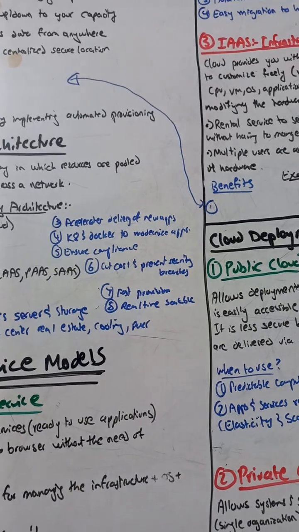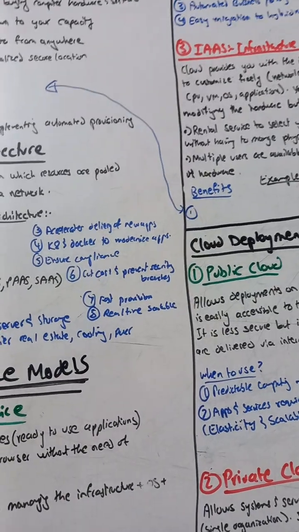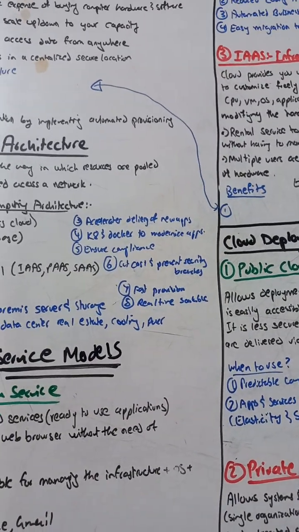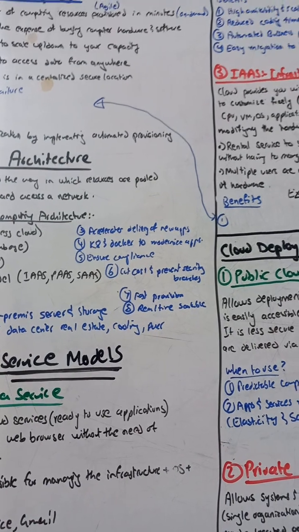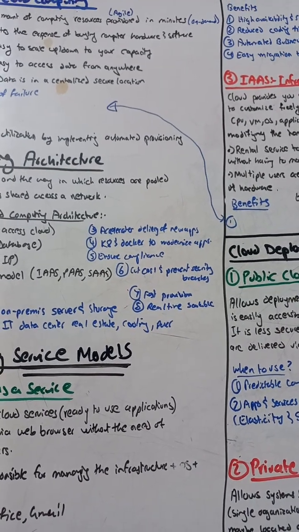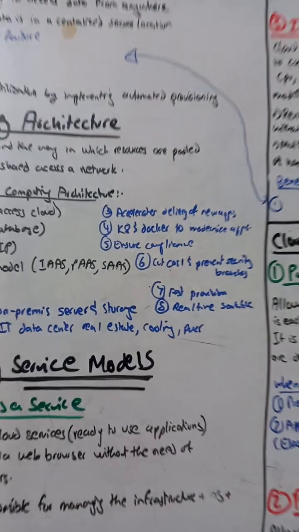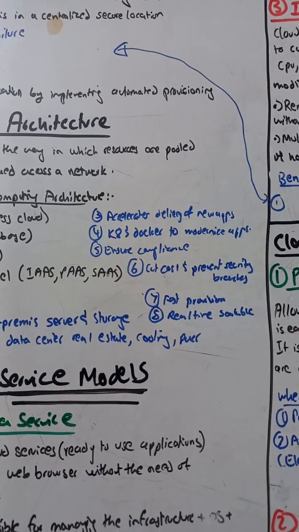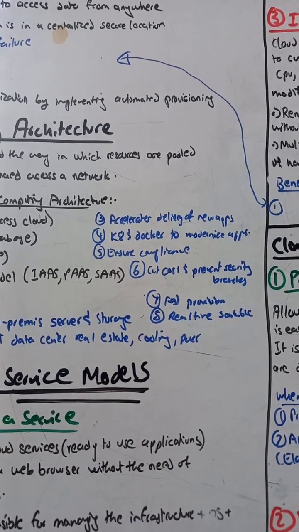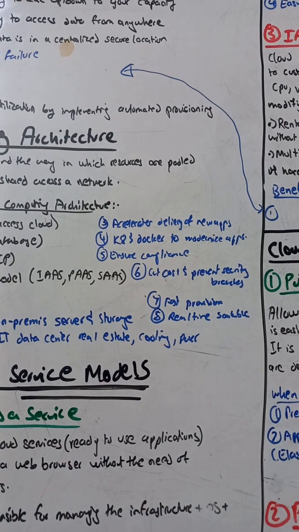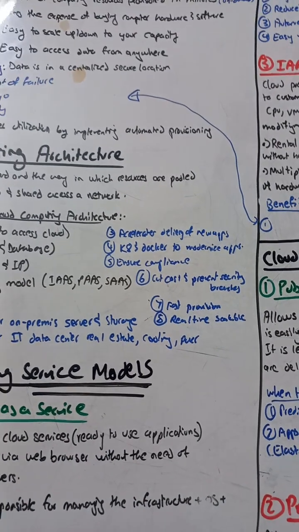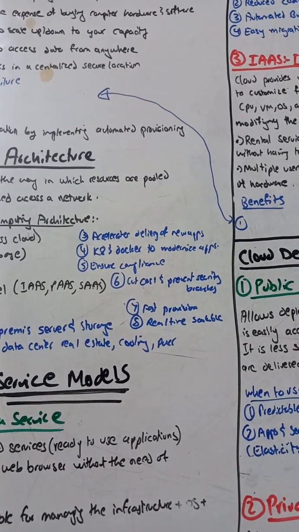It accelerates the delivery of new applications. You can utilize Kubernetes and Docker to modernize your applications. You can ensure compliance and security principles in your applications. You can cut costs and prevent security breaches. There is fast provisioning, which I talked about, and there is real-time scalability.